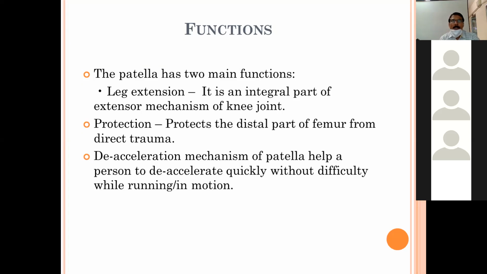So in a situation when there is an injury to the front of the knee joint, the patella sacrifices itself to save the condylar articular surface of the femur. So that is why it is important.